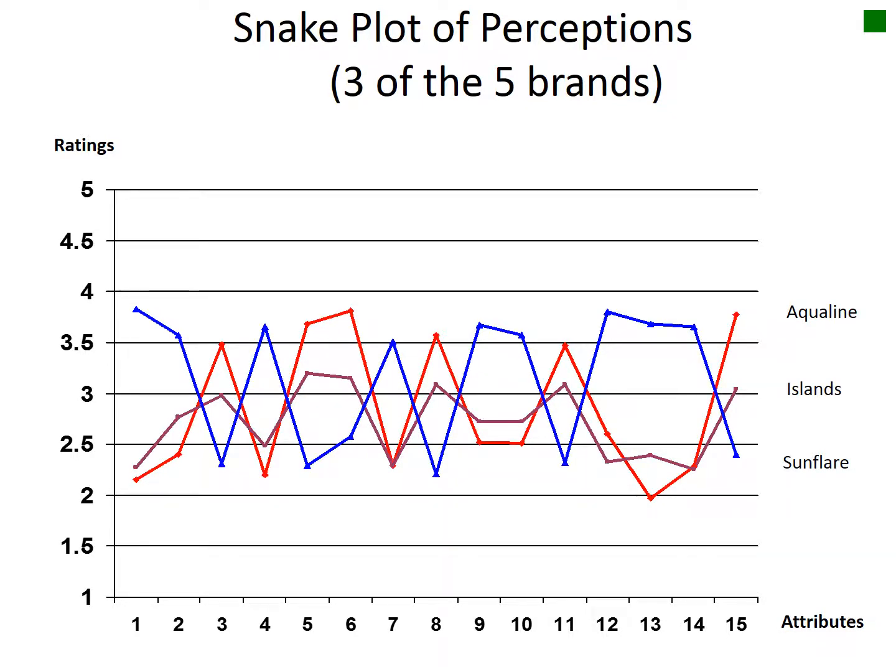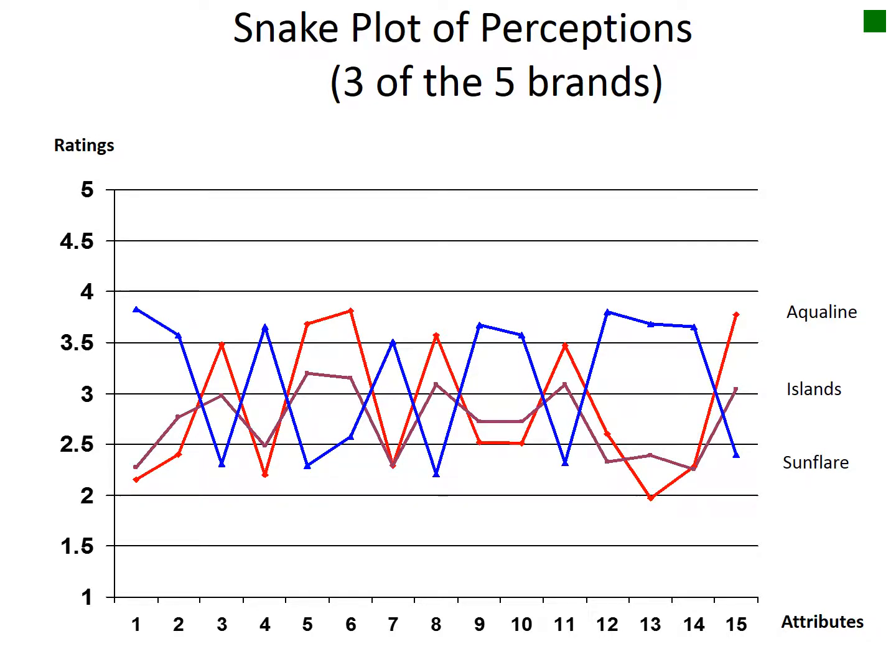The vertical axis is the rating 1 through 5, which corresponds to our survey, and this is the average of all the respondents, by each brand. The horizontal axis has the numbers 1 through 15, which refers to each of the different questions.